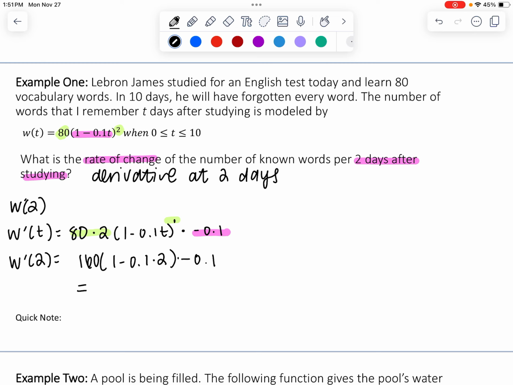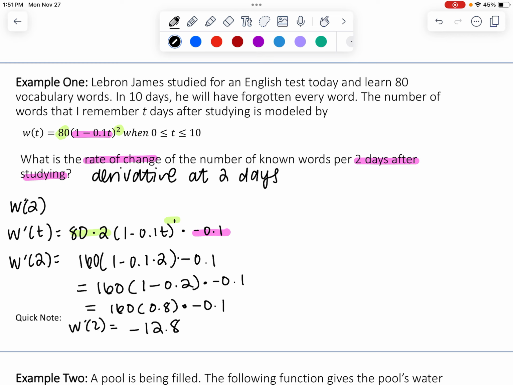Going to just keep cleaning that up. 160 times 1 minus 0.2 times negative 0.1. And I'll just keep going. And I think this eventually gets us, you can plug it in the calculator, negative 12.8. So W prime of 2 equals negative 12.8. And so that is the derivative at 2.